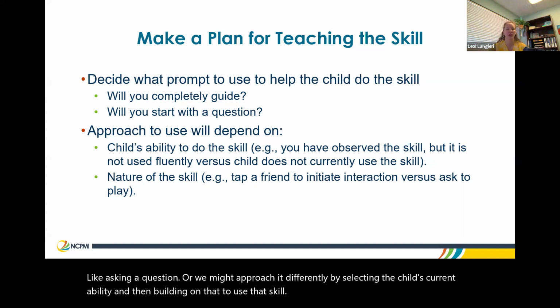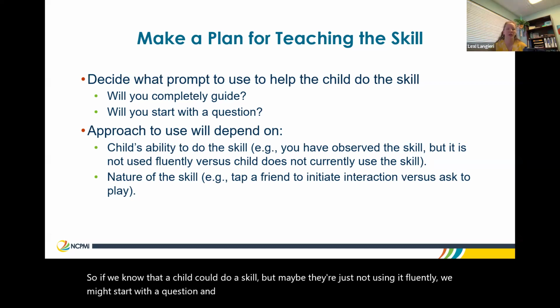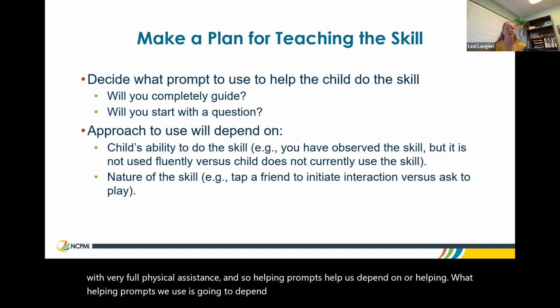So if we know that a child can do a skill, but maybe they're just not using it fluently, we might start with a question. And if the child has never used the skill, we'll probably start with very full physical assistance. And so the helping prompts we use are going to depend on what the skill is and what skill level the child currently has for that skill.